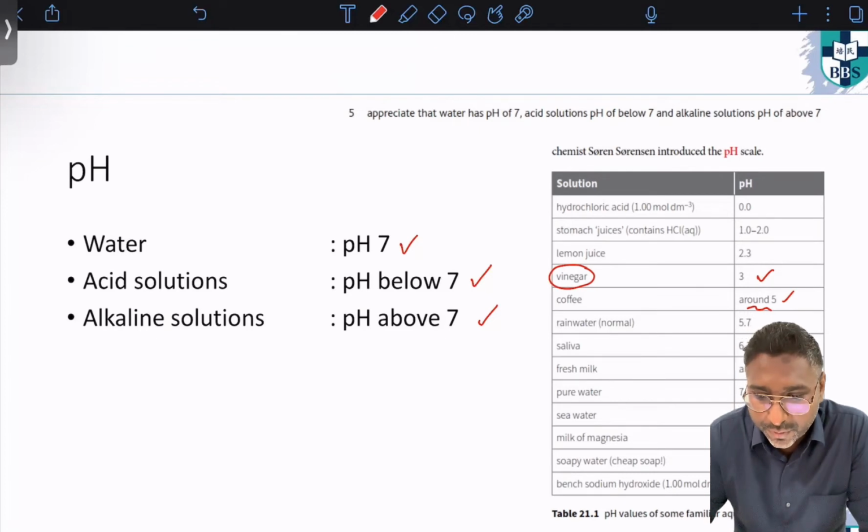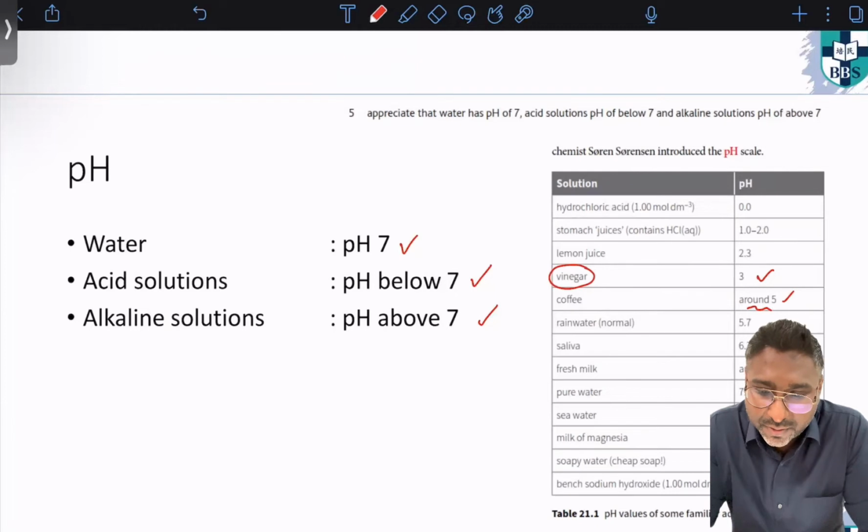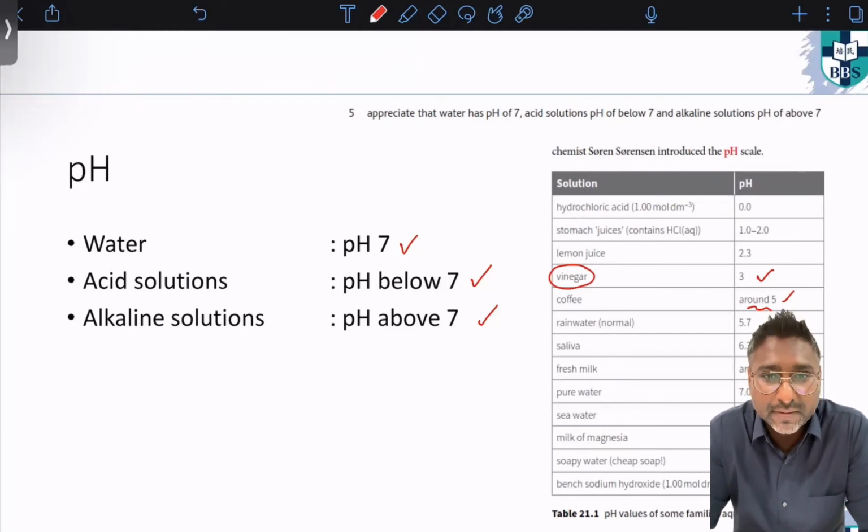And if you look at this, milk of magnesia, whenever you have acid reflux in your stomach, of course we use milk of magnesia so that it neutralizes it. So milk of magnesia is going to be pH above 7.